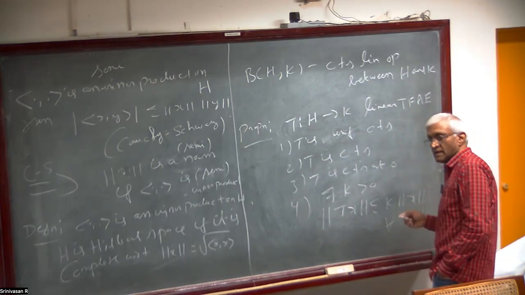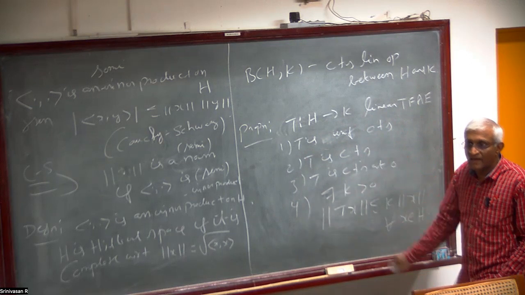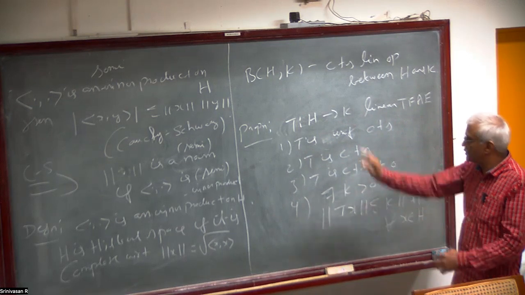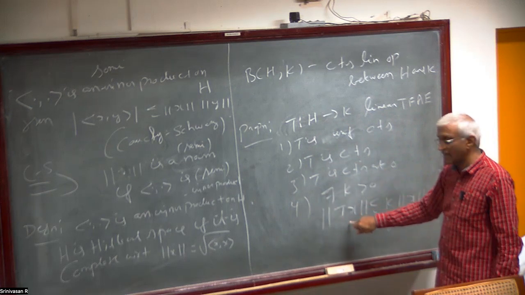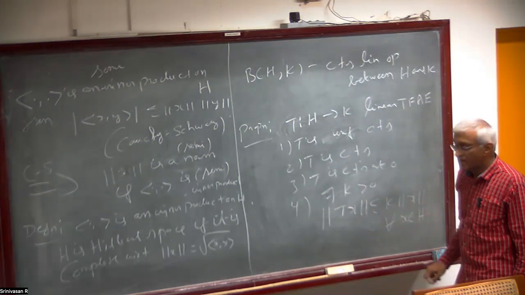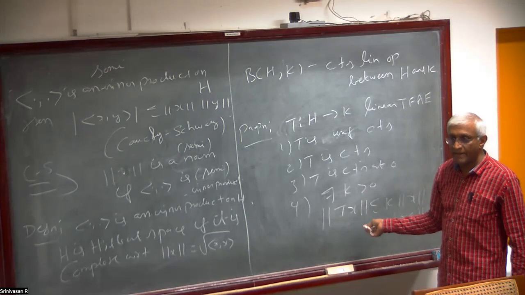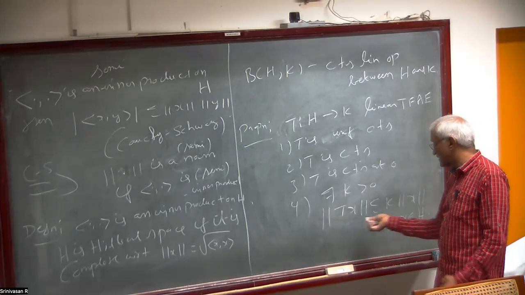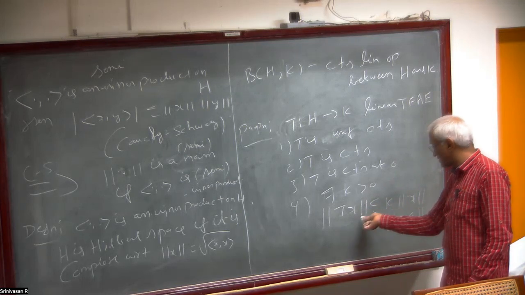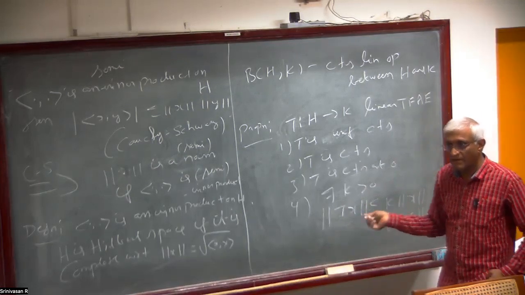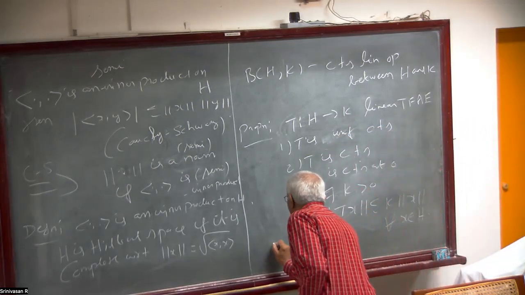This holds for any Banach space, any normed linear space. A linear map is continuous if and only if it satisfies this condition. This is what is called a bounded linear map. The boundedness comes from this. A linear map cannot be bounded as a function, so this is what is called boundedness for a linear map.